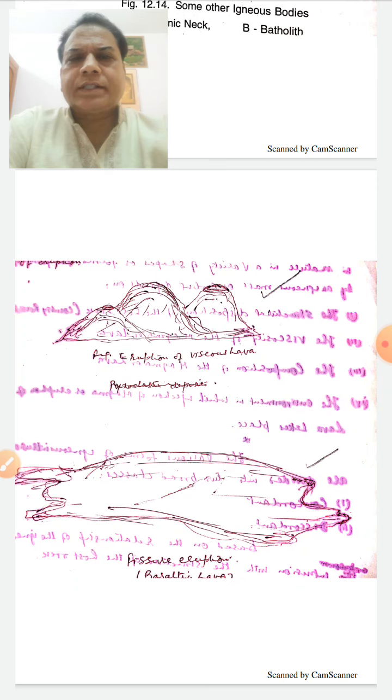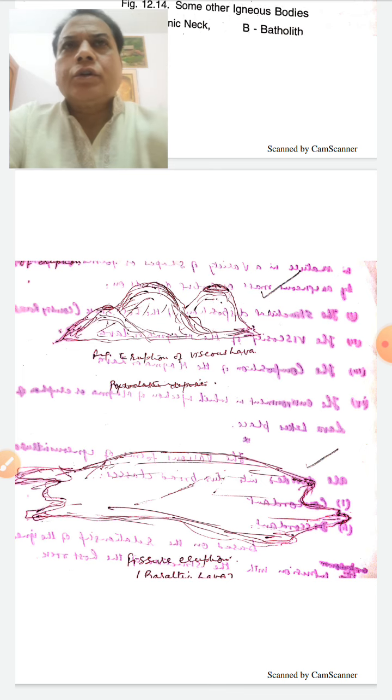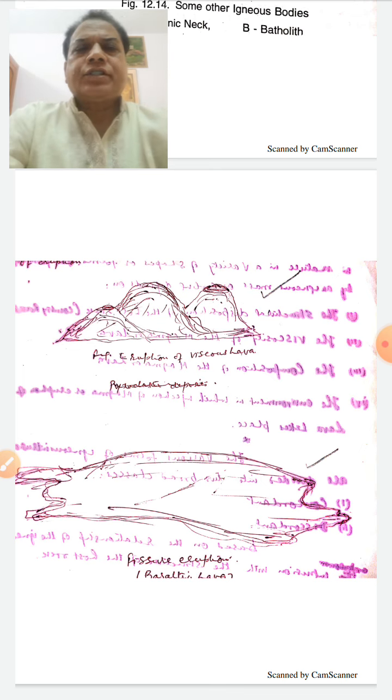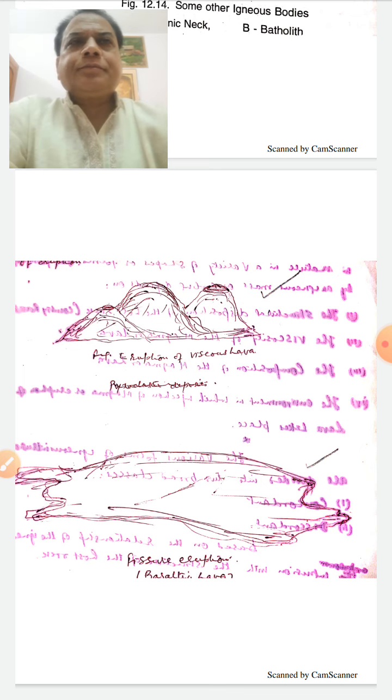Today we are going to discuss a very simple but important topic in igneous petrology, that is the forms of igneous rocks. So we will be discussing forms of igneous rocks both for the extrusive and the intrusive rocks.